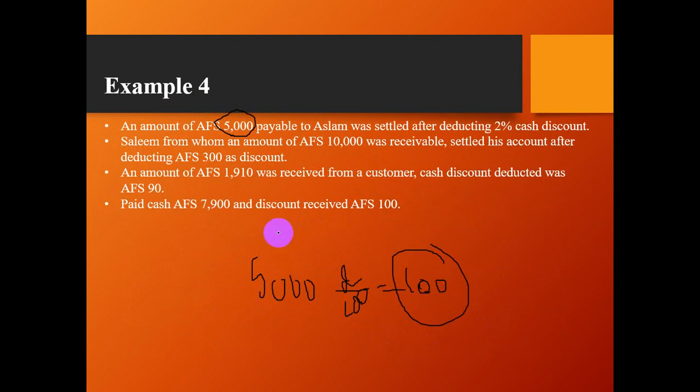Paid cash 7,900 and the cash discount was 100 rupees. So we are paying an amount of cash, how much? 7,900 rupees. And they gave us 100 rupees discount. So it means we needed to pay him 8,000, right?